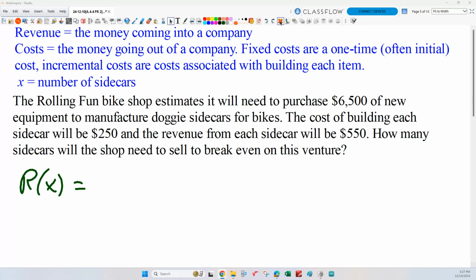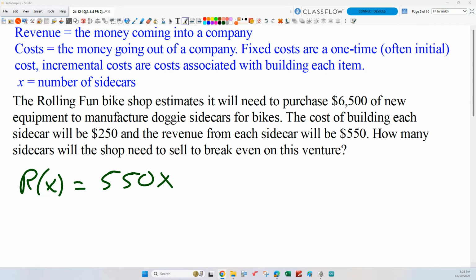Well, you just multiplied by 10, didn't you? Okay, so what if we sell X sidecars? How much money is coming in? Okay, but X times 550, right? $550 for each sidecar times X sidecars means we get 550X. That's the amount of money that's coming in.